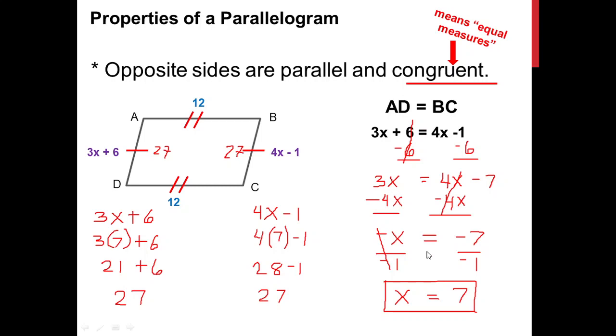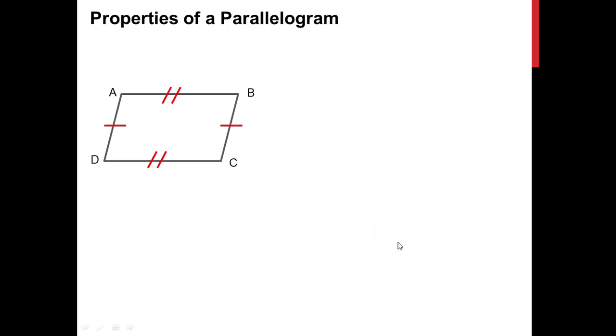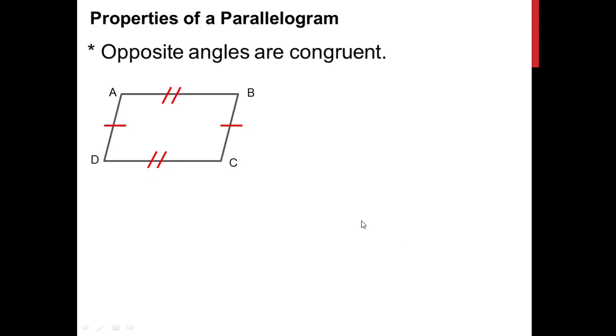Okay, so next, let's proceed to the second property of a parallelogram, wherein it says opposite angles are also congruent. So it means that angle A here should be equal to angle C. The opposite of this angle is angle C. And angle B should also be equal to angle D for this figure to be considered a parallelogram.